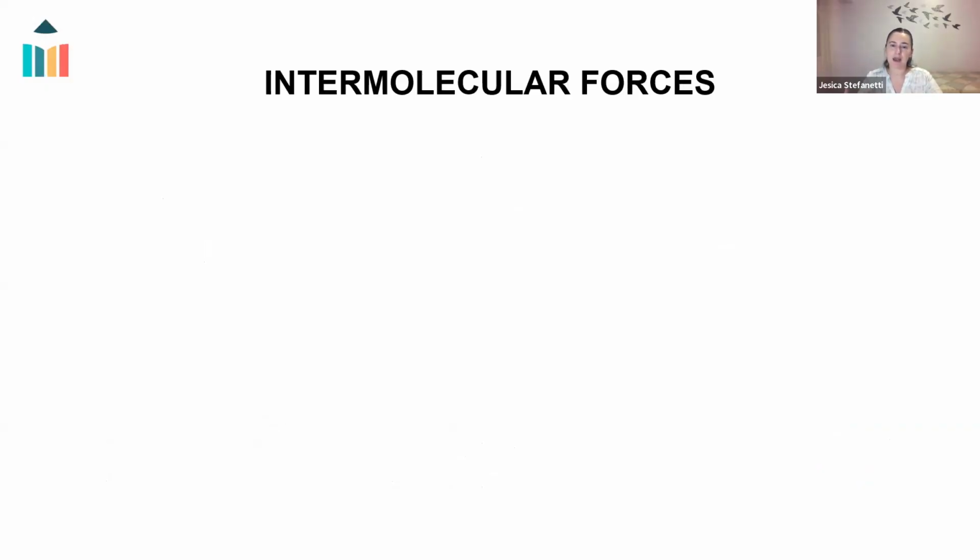Molecules do have shared electrons within their structures, but molecules can interact with one another through attractions. Intermolecular forces make reference to these attractions between molecules. It's something that takes place between the molecules.